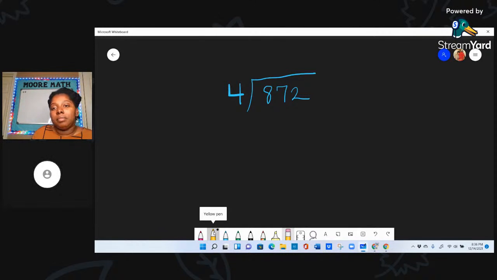You will do multiplication to the full end to get close to 872. Good. So give me some numbers.